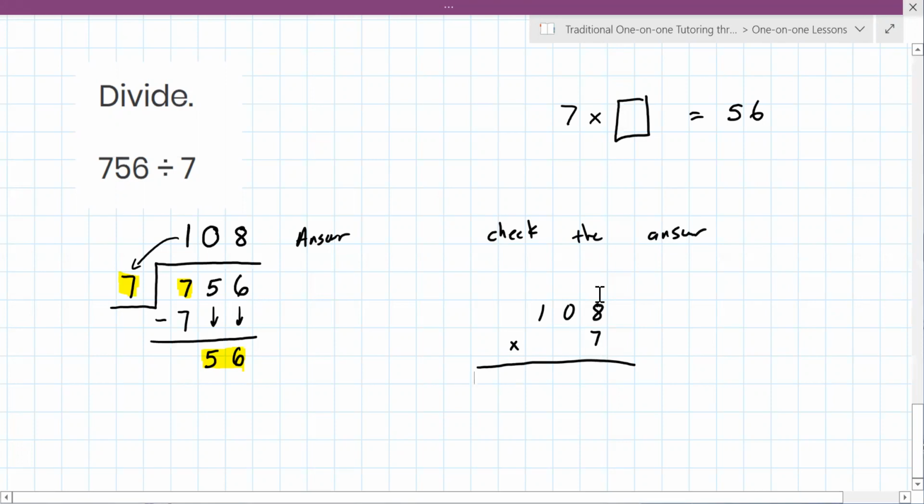So 7 times 8 is 56. So you put a 6 here with a carry of 5. What is 7 times 0? 0. Plus 5, because you always add the carry, is 5. And what is 7 times 1? 7. 756. Good.